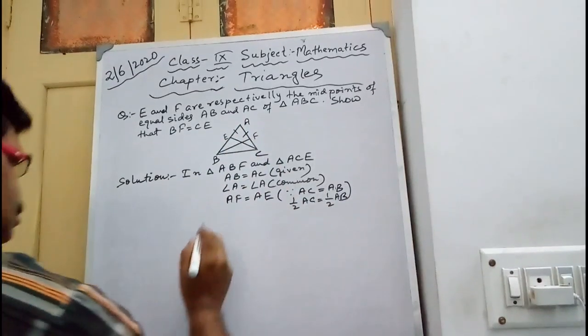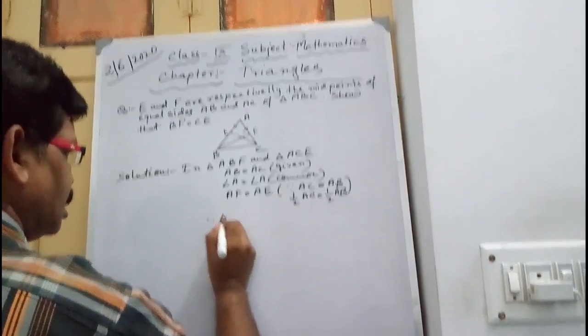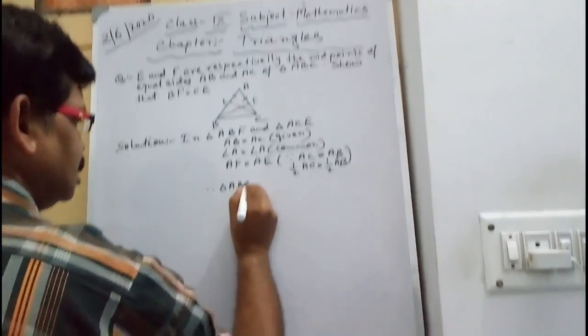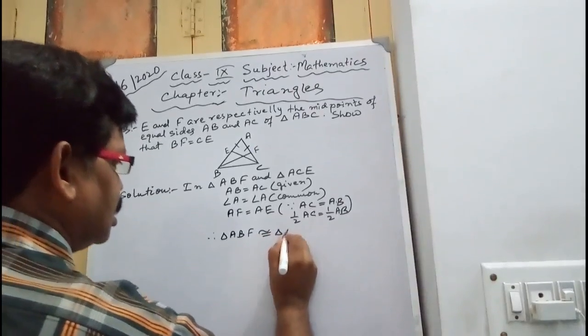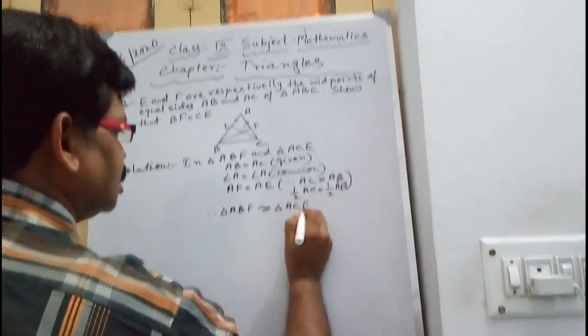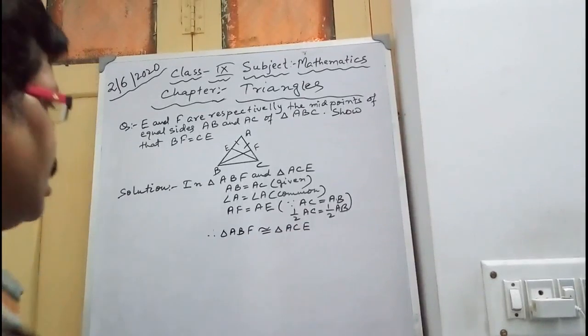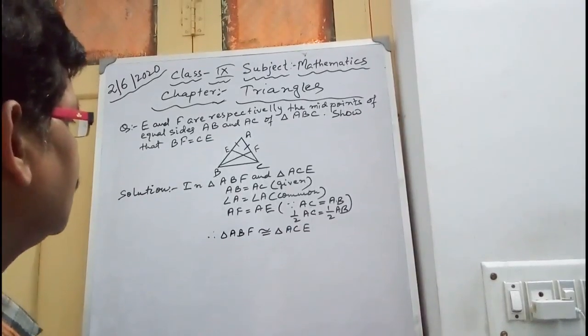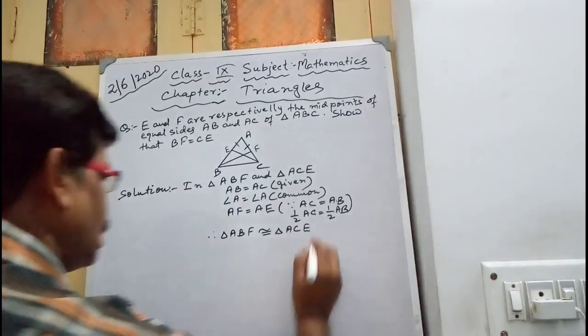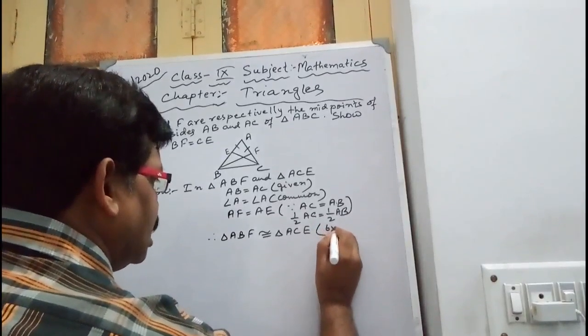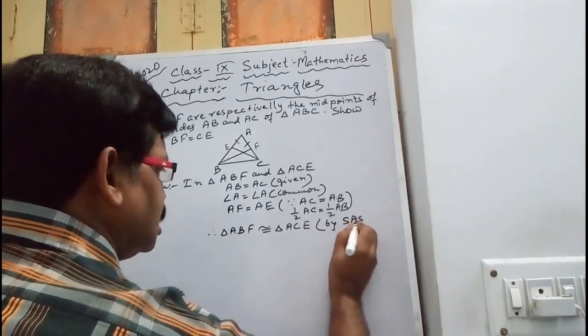So triangle ABF is congruent to triangle ACE by SAS rule.